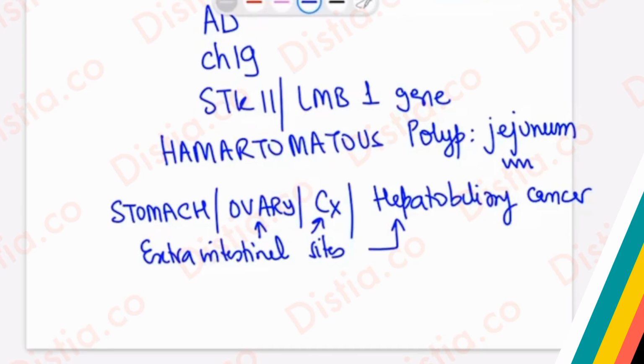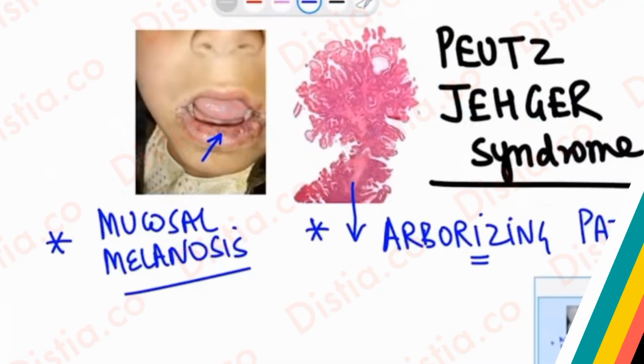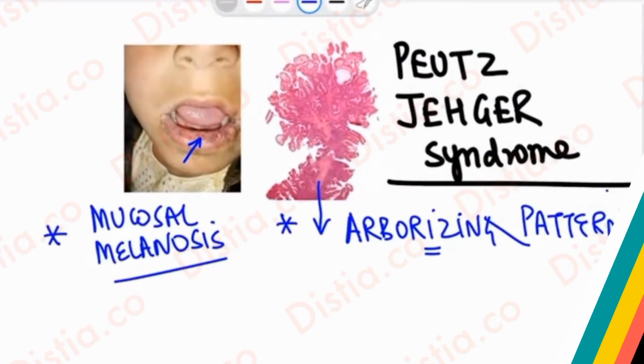In Peutz-Jeghers syndrome, as I highlighted, the incidence of cancer in extra intestinal sites is definitely increased. And if you just get the genetics and the arborizing pattern, the mucosal melanosis right, you are bang on spot for this particular topic.